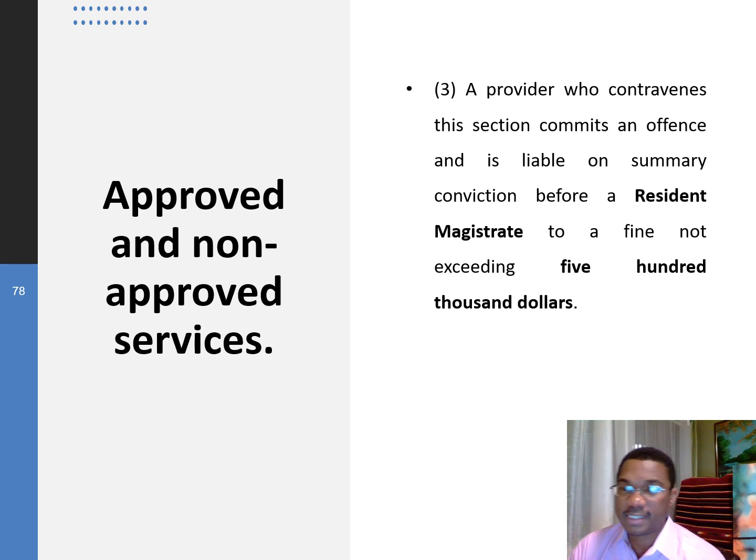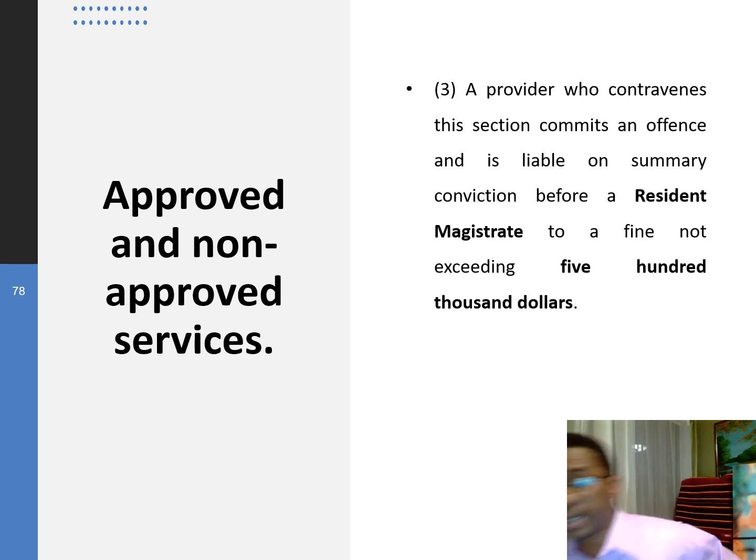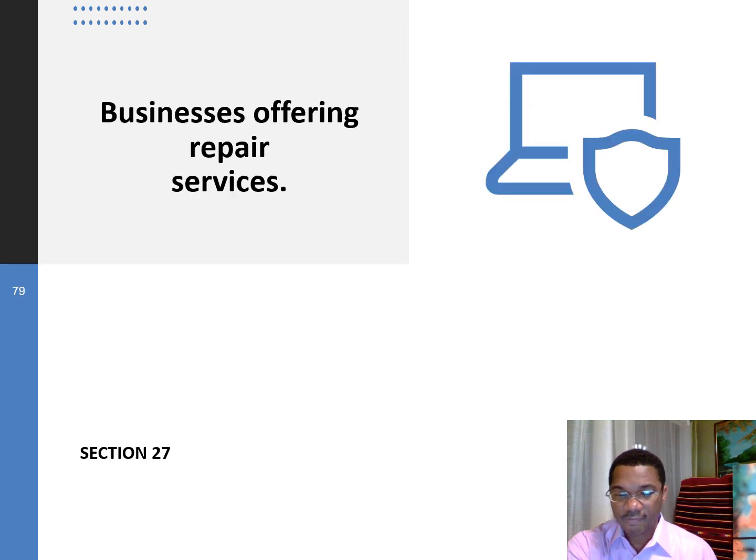of repair is. Now, if the provider fails to do that and gives you an oil change and you go out there and your transmission mashes up, then they will be in contravention of this particular provision in terms of provision of information, and as such they would be liable on summary conviction before a parish judge to a fine not exceeding $500,000.